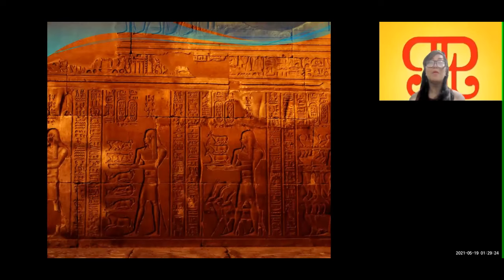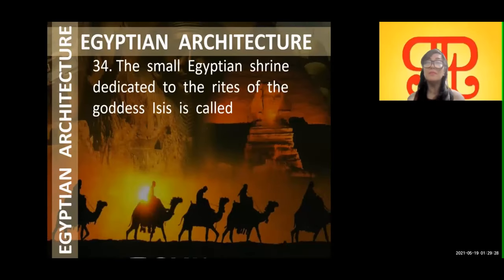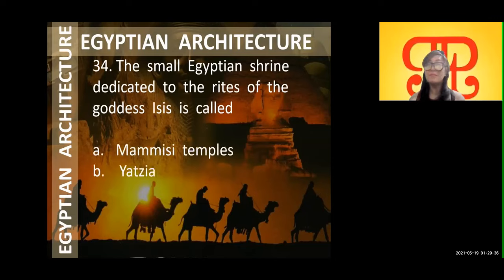Okay. Now, number 34. The small Egyptian shrine dedicated to the rites of the goddess Isis is called, is it A, Mamisi Temple? Is it B, Yetzia? Is it C, Tempietto? Or is it D, Temple? Okay, goddess Isis is the wife of god Osiris.